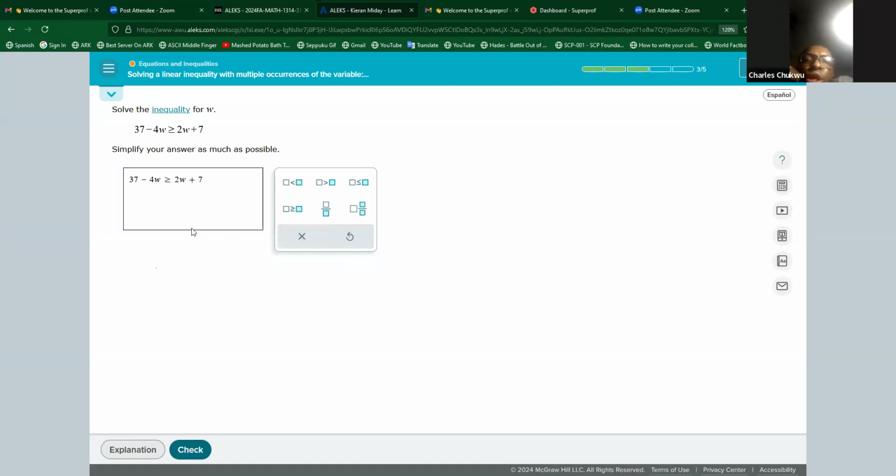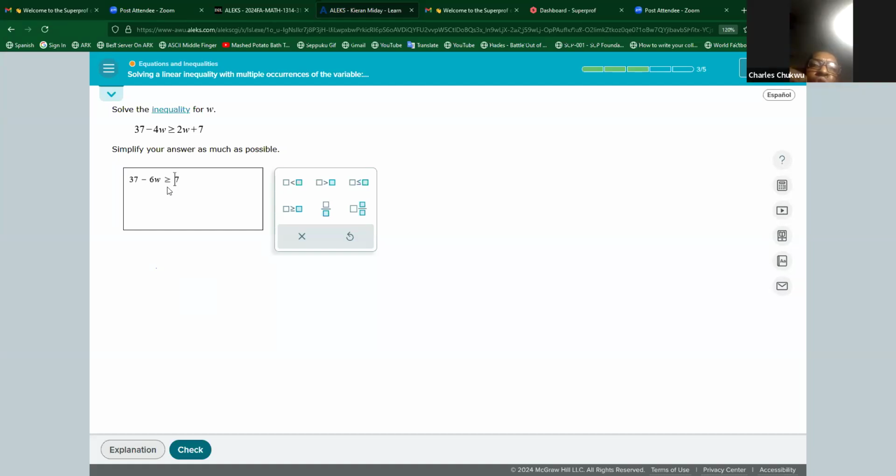Okay, so for this guy, what is going to happen? Well, we would subtract 2W from both sides. Yes. So this goes away, and this becomes 6W. Correct. Okay. Now you could take out the plus sign in front of the 7 if you want.